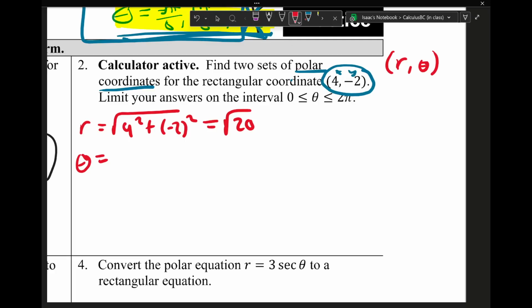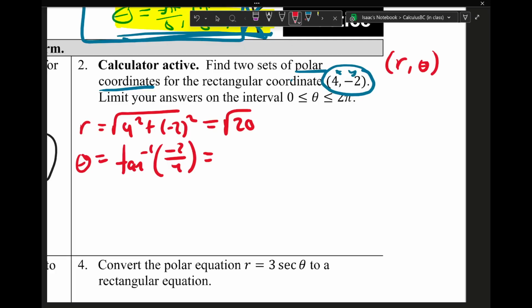Somebody besides Will, who's about to say the answer. Right, so tan theta equals y over x, so theta equals inverse tangent of y over x. Now, this is why it's calculator active. Even though this reduces to -1/2, and -1/2 is a common ratio on the unit circle, it's not a common ratio for tangent, it's a common ratio for sine and cosine.